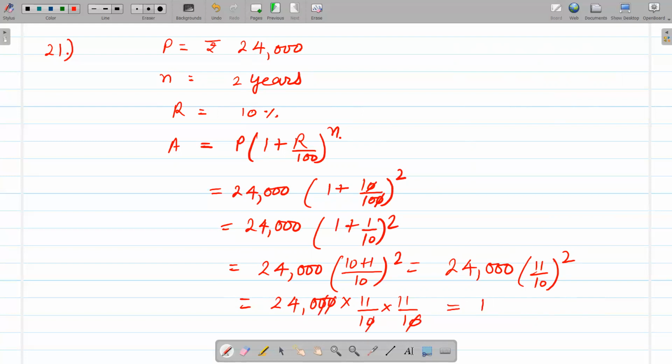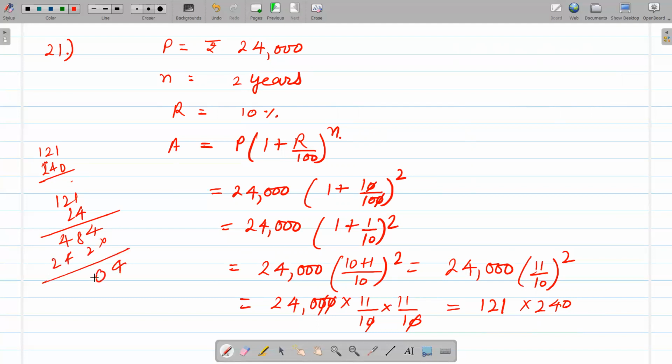And you get 121 into 240. 121 into 24 we can do here, 484 and 242, and you're left with 2,904.